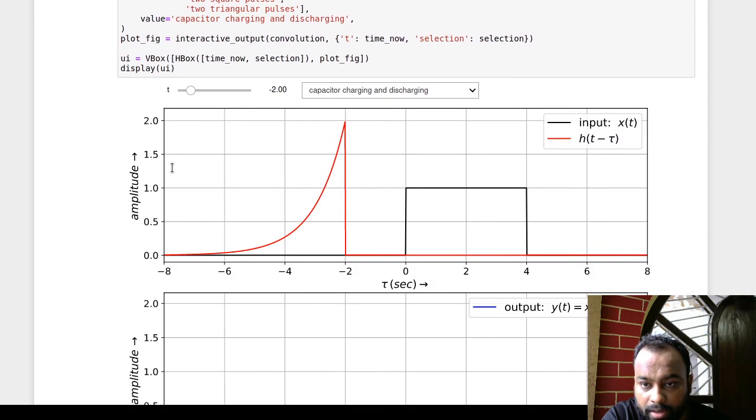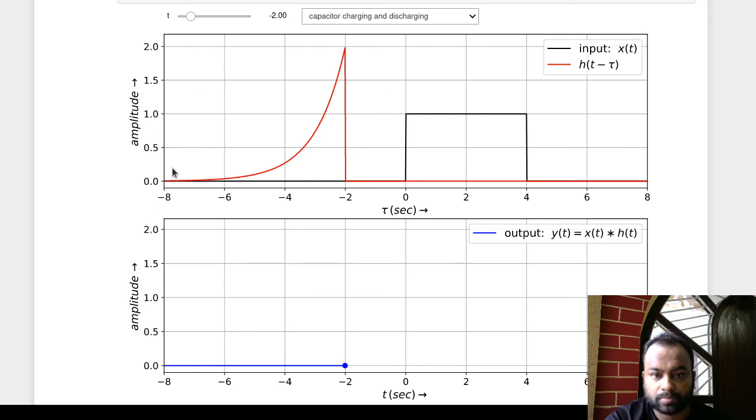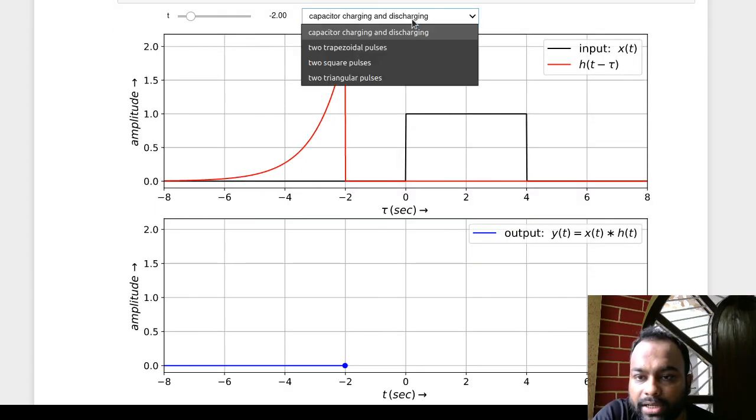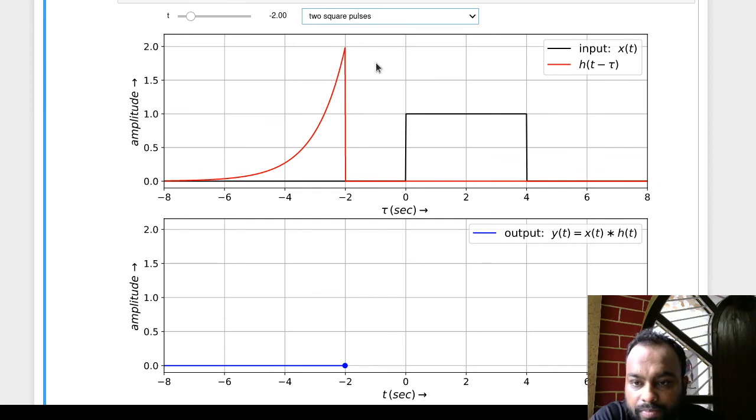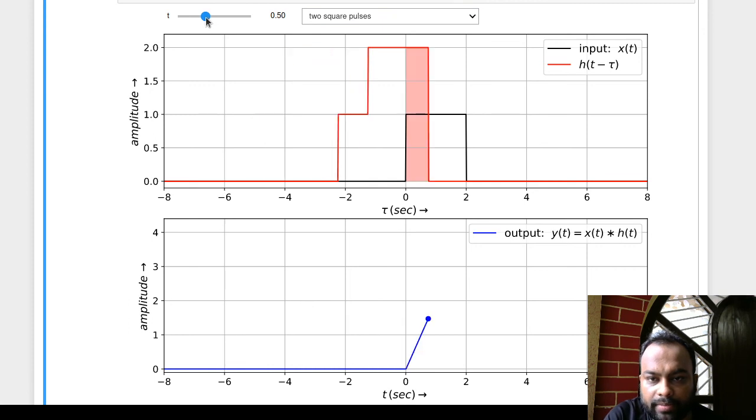So let's start with the example we actually discussed today, a similar example, slightly more difficult to understand. We're checking the convolution.